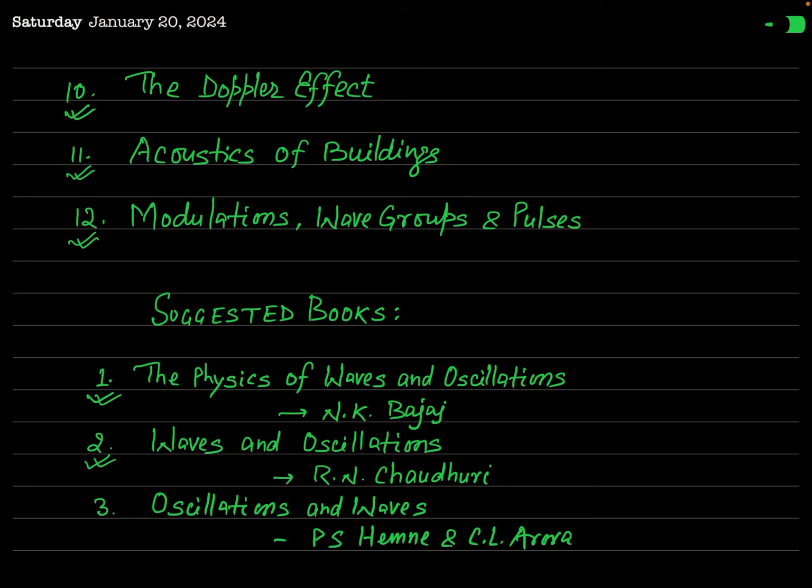Okay. Now, the third book, which is a very elementary book, but this is very useful for beginners. If you have not a very strong foundation of mathematics, but you want to learn the concept of waves and oscillations, you can consult this book. This book is named Oscillations and Waves by P.S. Hemne and C.L. Arora.